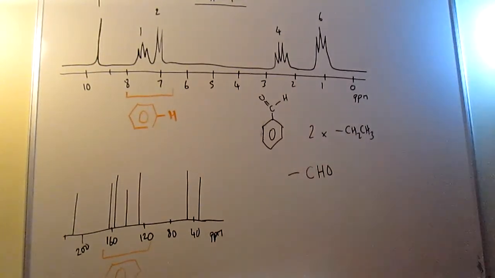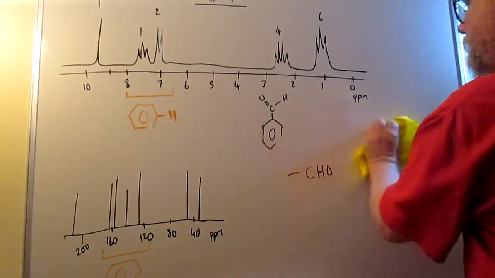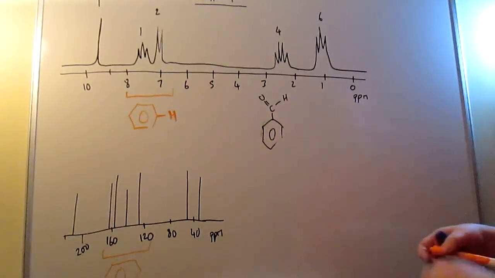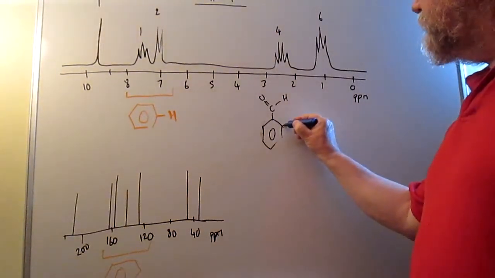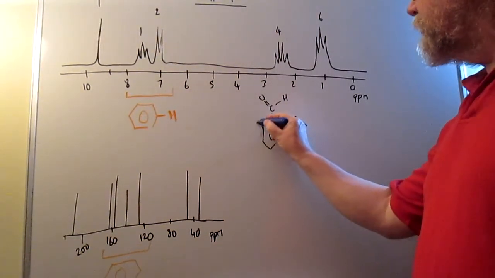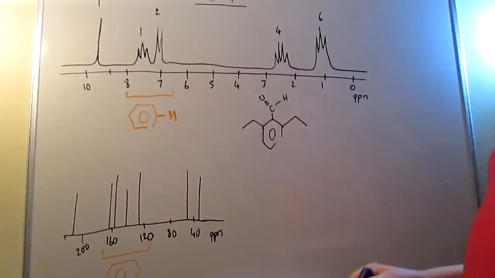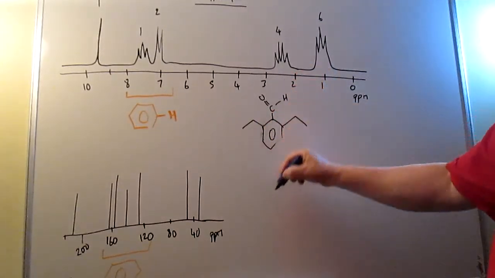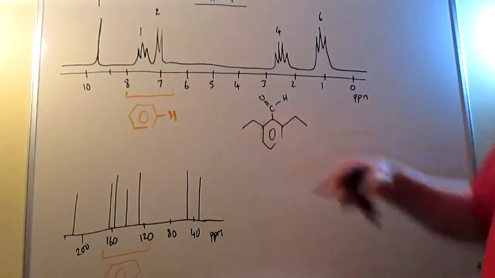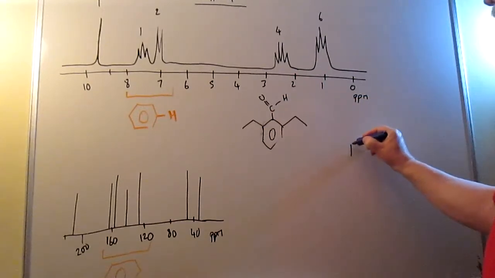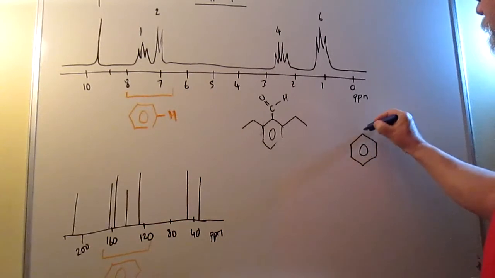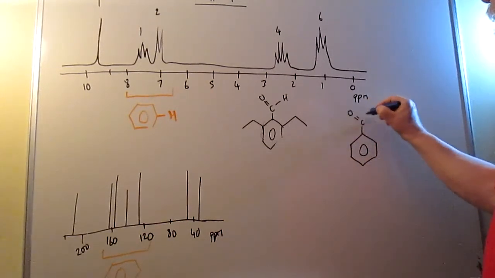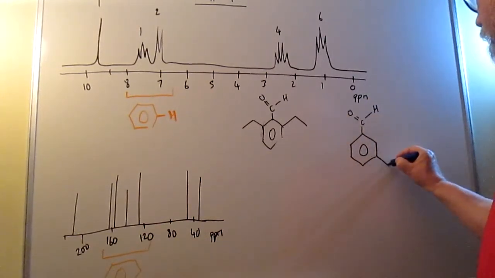So if we think about the possibilities, if our aldehyde group is there, one possibility is that the 2 ethyl groups are here, because that gives you the necessary symmetry that says this one is equivalent to that one. Another possibility would be that they're here and here.